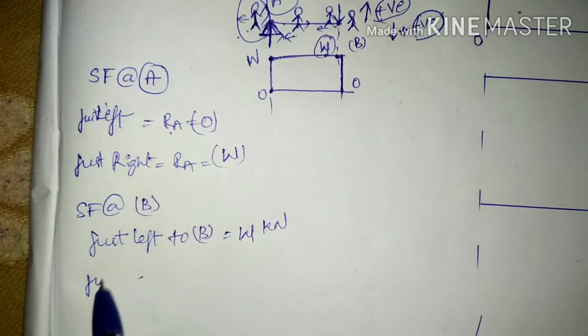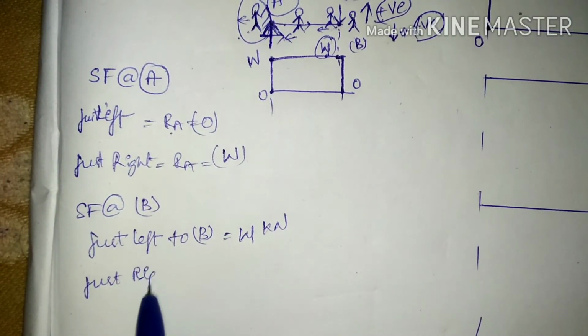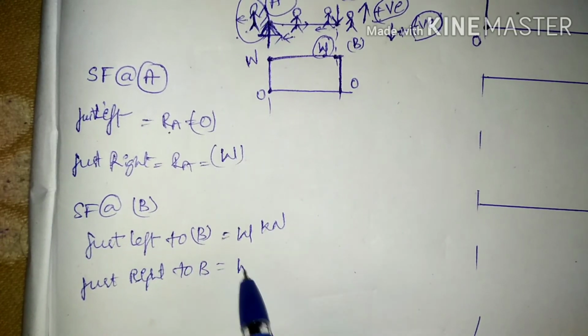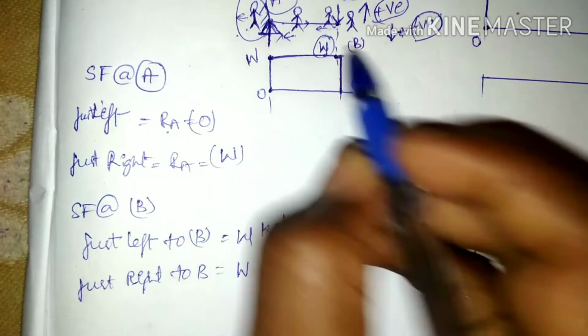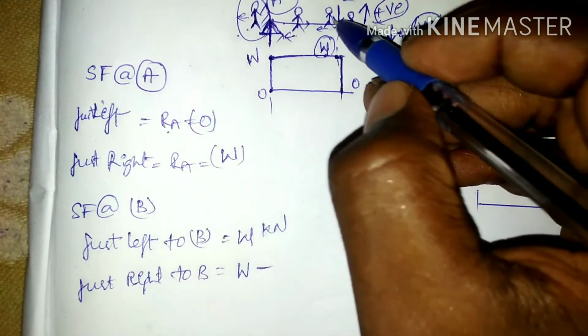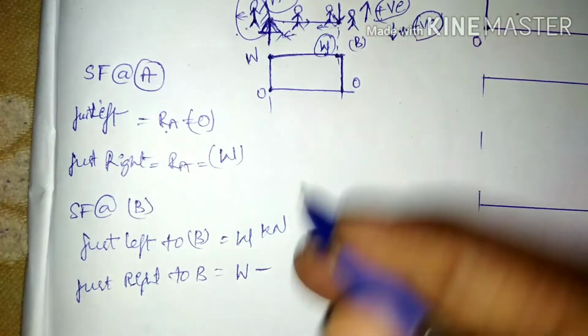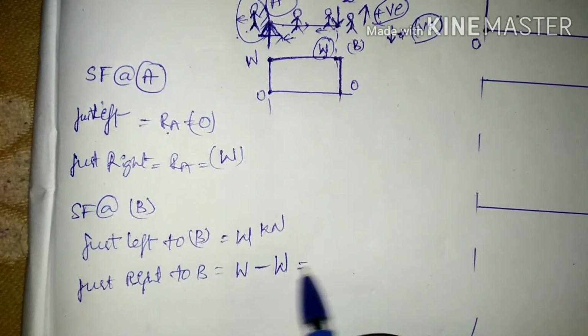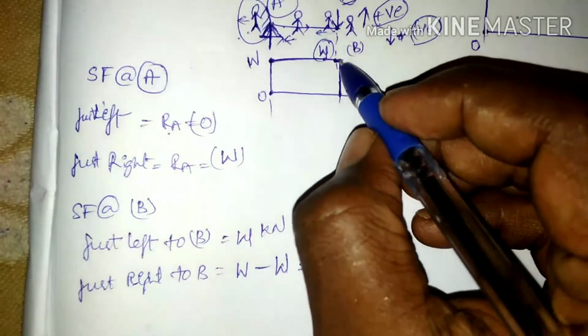And just right to B, upward direction is positive, that is W kilonewton, and I am having the downward load of W kilonewtons on the beam at the free end, so W minus W becomes 0, so it goes to 0.